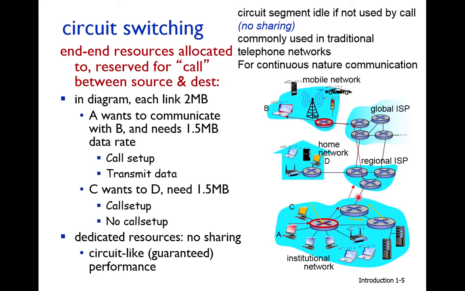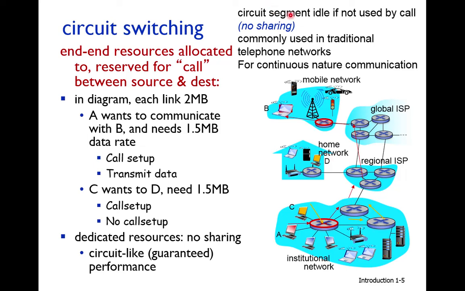Although this link is reserved for A to B 1.5 MB, and A and B are not exchanging data, so it is free, it cannot be used. Why? Because it is reserved for A to B communication.